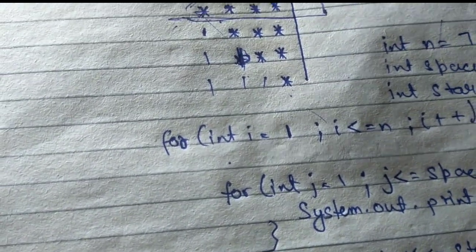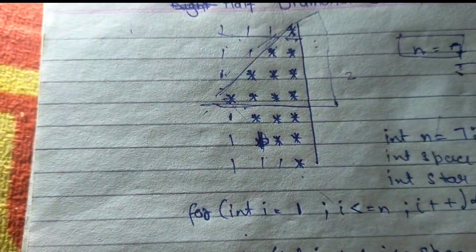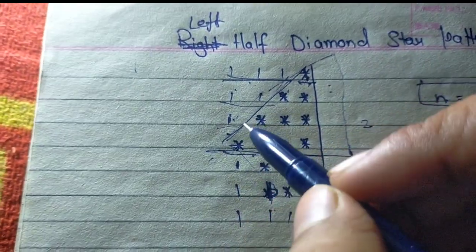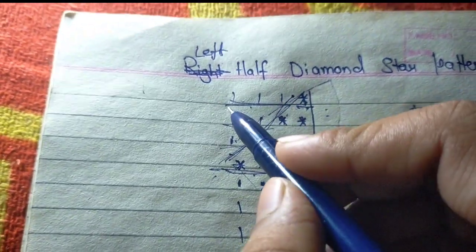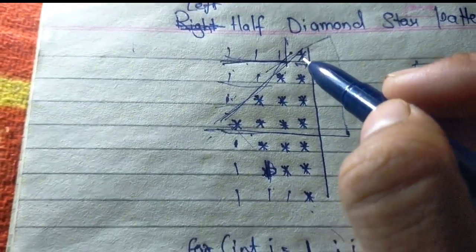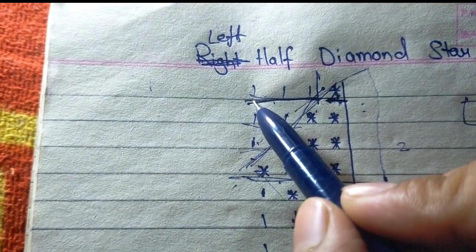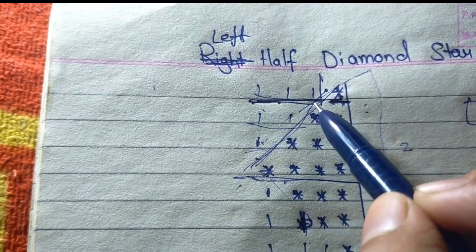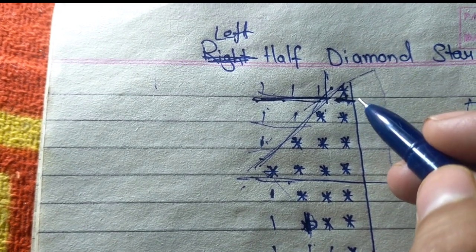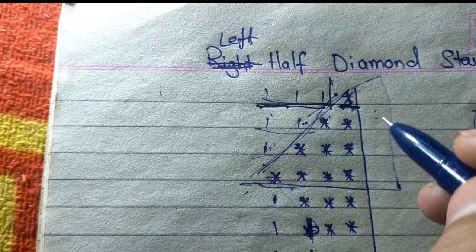So if space is less than i. Initially we are giving spaces 3, then 2, then 1. Previously I explained that if the i value is 1 and the space value is 3, space is automatically greater than i, so we decrease space by 1 and increase star by 1.